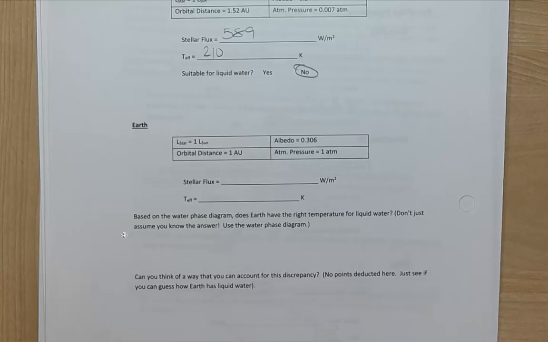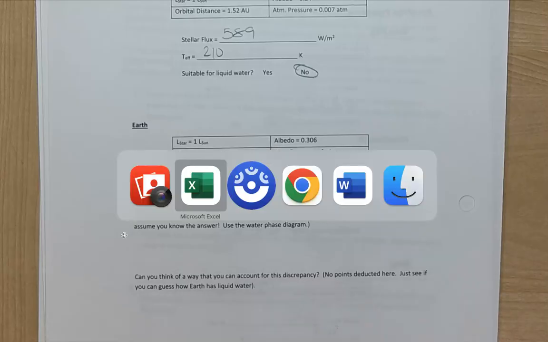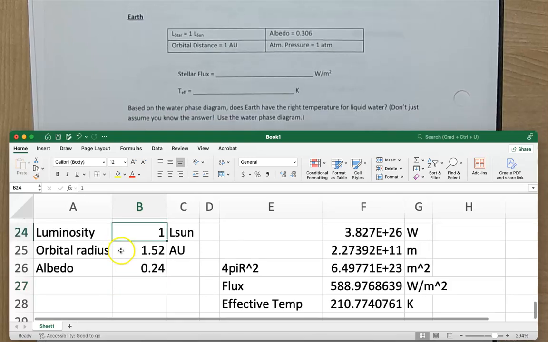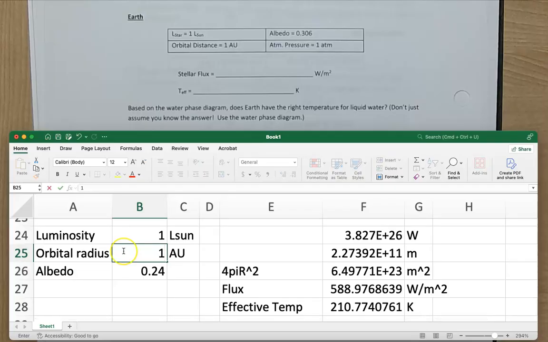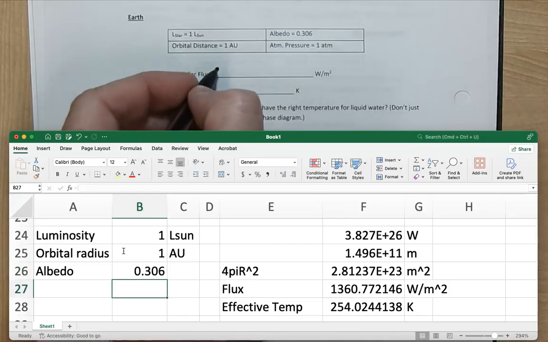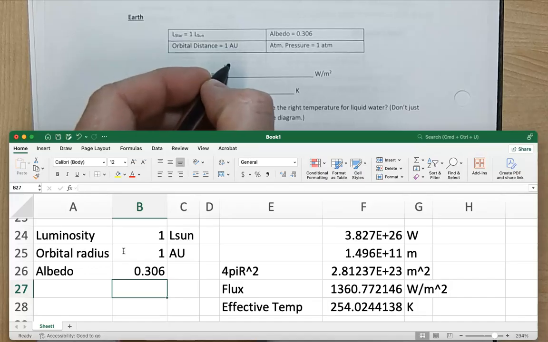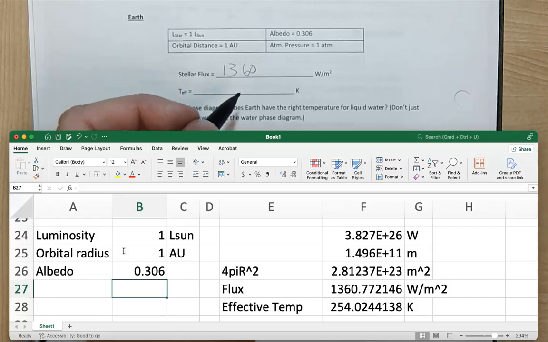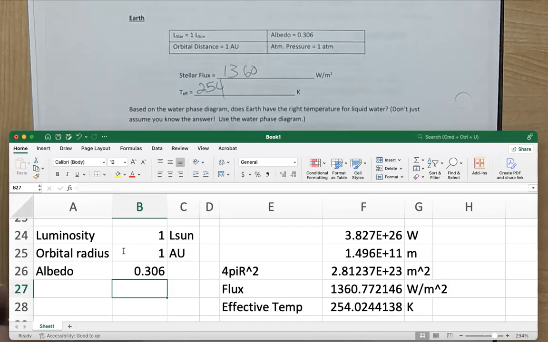What about Earth? Earth is orbiting a one-solar luminosity star, at a distance of 1 AU. Earth has an albedo of about 0.3. So the flux of sunlight on the Earth is 1,360 watts per square meter, for an effective temperature of 254.